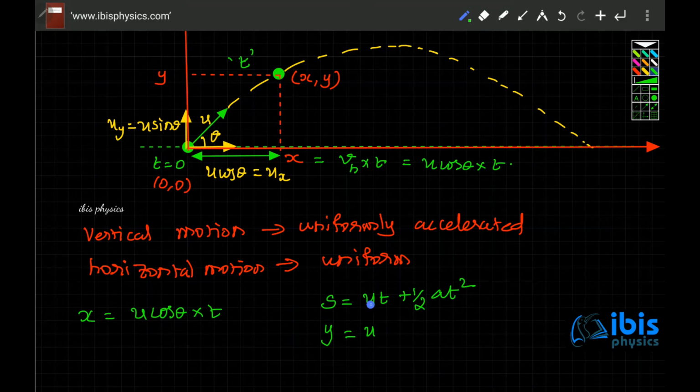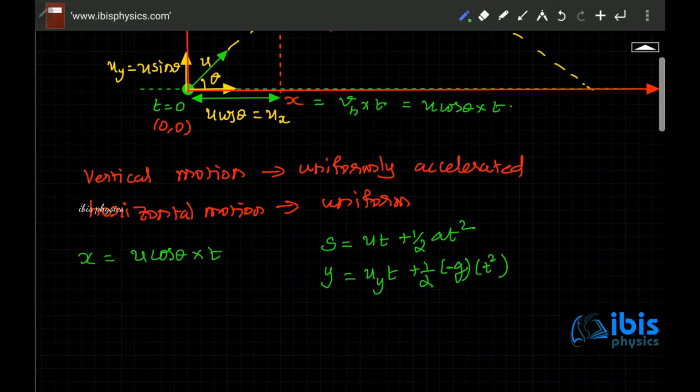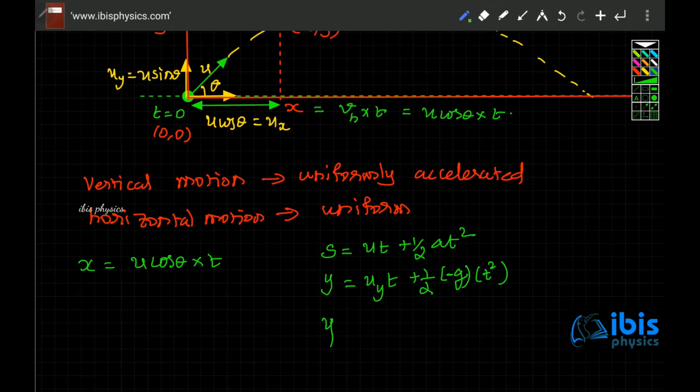We are looking at vertical displacement, so this is equal to initial velocity in the y direction into t plus half a t square. Acceleration in the y direction is minus g, because u sin theta is upwards and g is downwards. So the vertical position of the object after t seconds is u sin theta t minus half g t square.